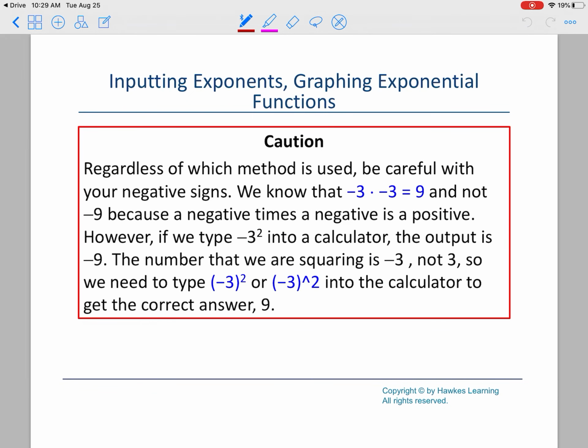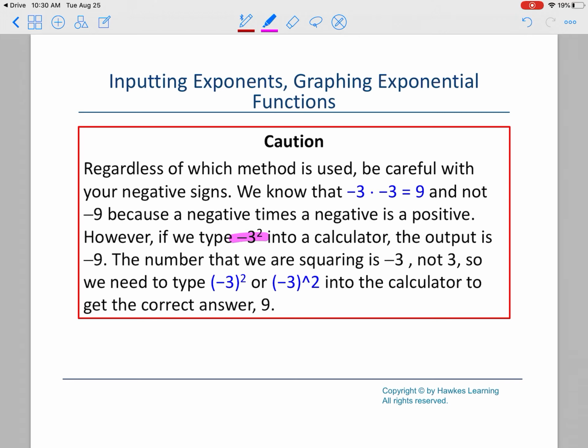And then just one quick thing to remember. When you're using the calculator and you are squaring a number, I have kids that have problems with this every year. Especially a negative number, you cannot put in -3 squared.